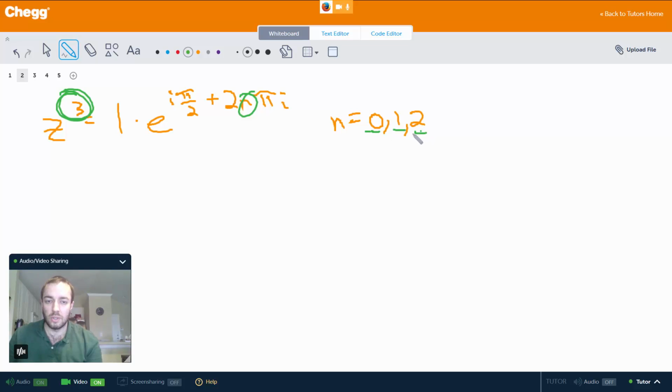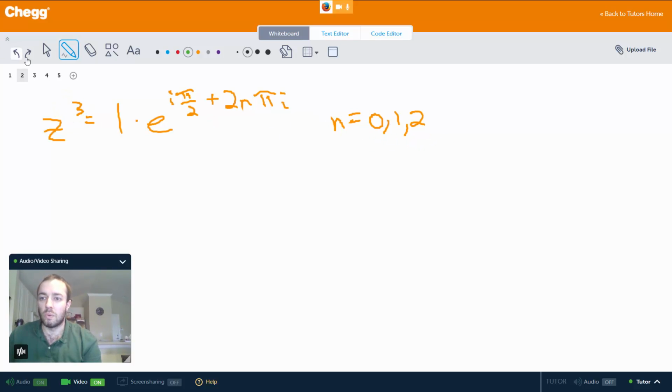So 0, 1, and 2, that's what n takes. N takes on those 3 values. The reason that we stop there is because once n hits 3, we're going to start repeating stuff that already happened, and we don't want to repeat anything. We just want to find all the unique solutions to this equation. So that's why n takes on these 3 values, 0, 1, and 2.